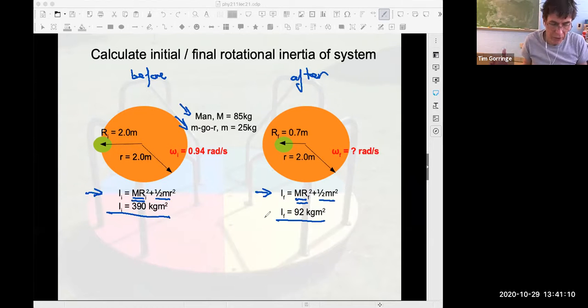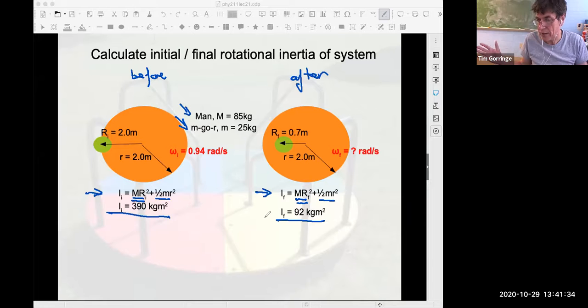They're quite different because most of the mass is the man, and the man has changed his position quite a lot. And the moment of inertia goes as the square of the location of his mass.